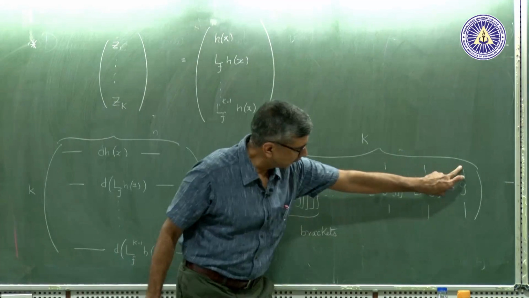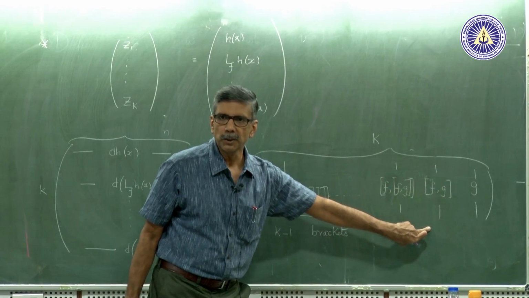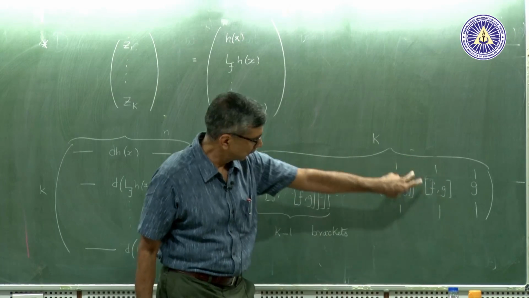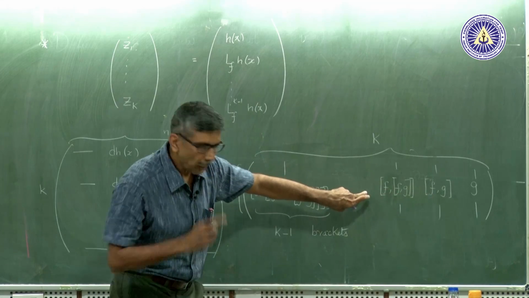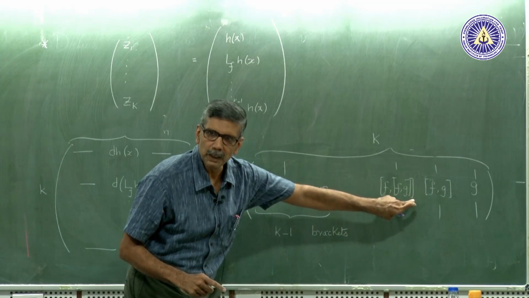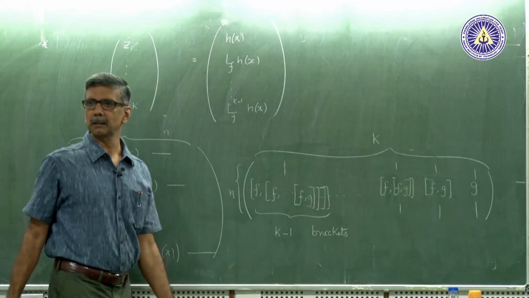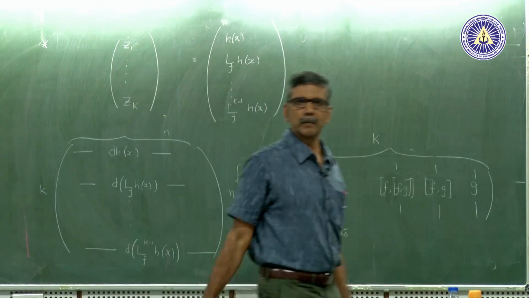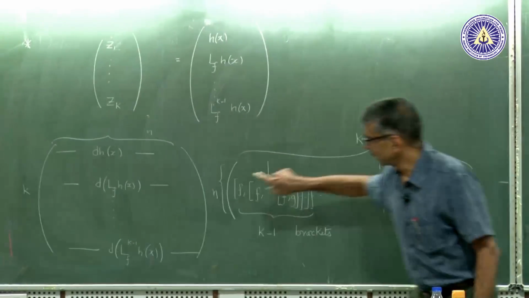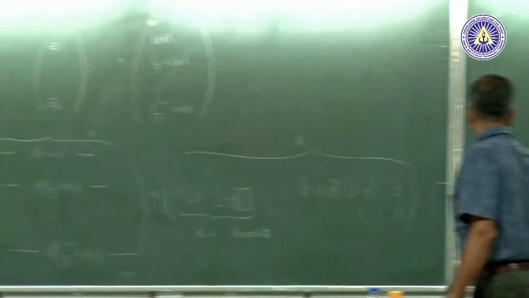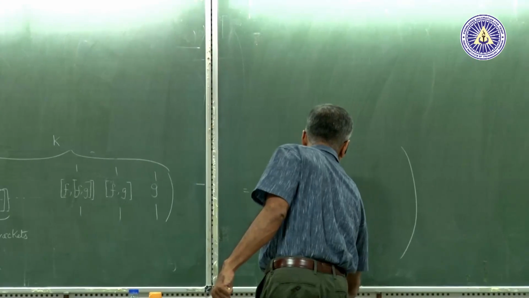What are these quantities? Vector field g, Lie bracket of f and g, again a vector field, Lie bracket of f with fg, then f with ffg, and so on till I have k minus 1 such brackets. Is that clear? If I multiply this with this matrix, I get a k by k matrix. Does everybody agree?